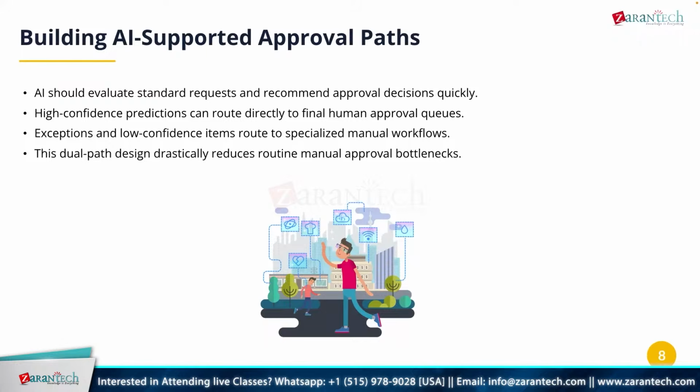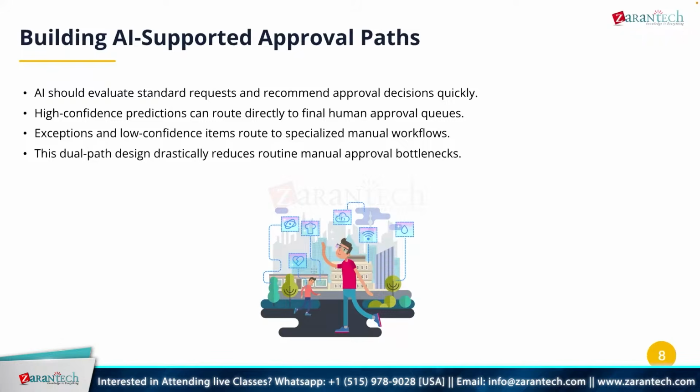If you see traditional versus AI approval, in traditional we might have fixed hierarchies, all approvals are manual, no prioritization, slow decisions. Whereas in AI-supported environments, it is all dynamic routing, not fixed, and it is auto-approved for low risk. And for high risk, you can go for defined approval strategies also.